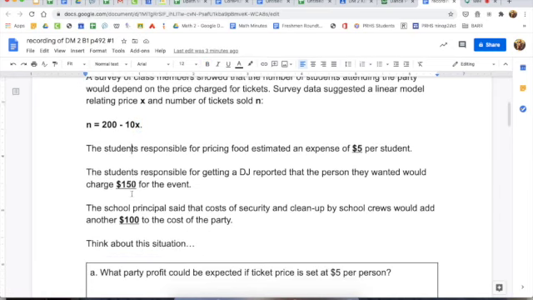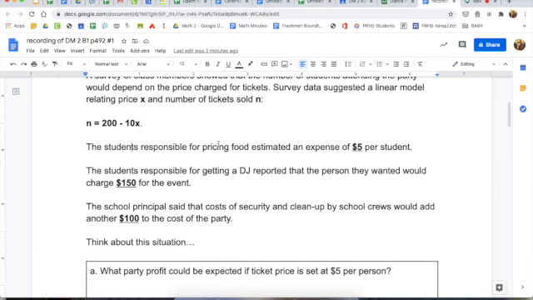The students responsible for figuring out the price of the food estimated an expense, and it's important to note that expenses subtract from the profit, of $5 per student. That's an average. The students responsible for getting a DJ reported that they would pay $150. Like I said, that doesn't depend on how many people go to the event.